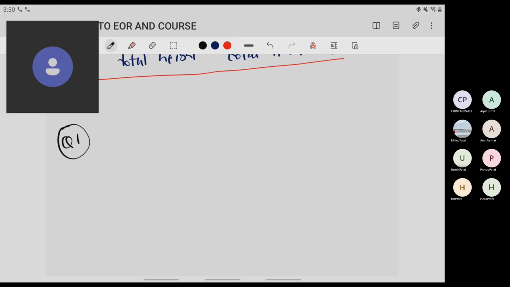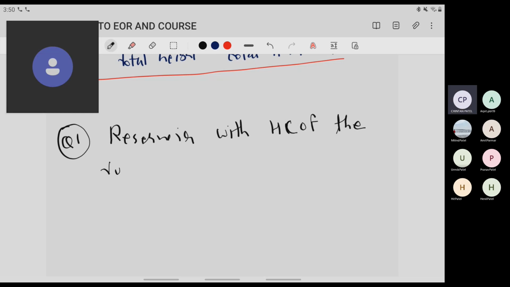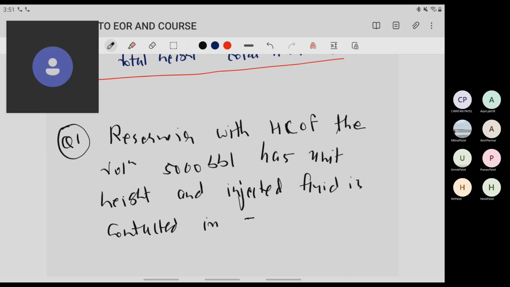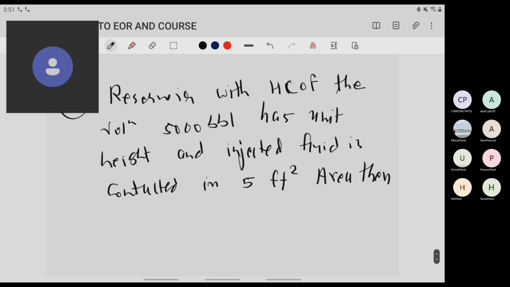So let's suppose a reservoir with hydrocarbon volume of 5000 barrel as a unit height, and the injected fluid contacted a 5 feet square area, then produces 2000 barrel.